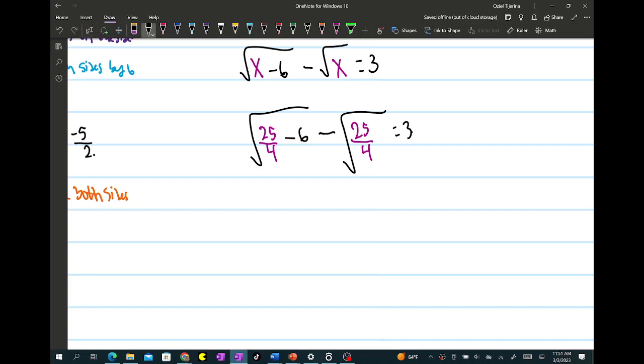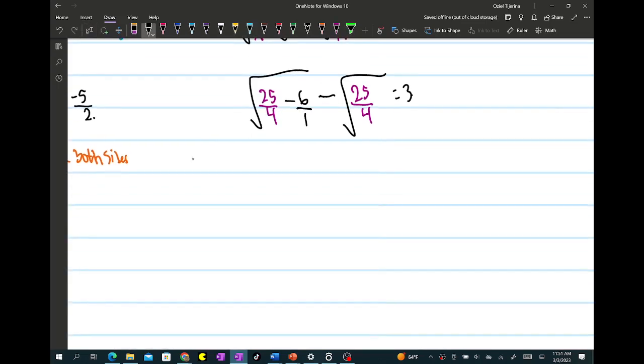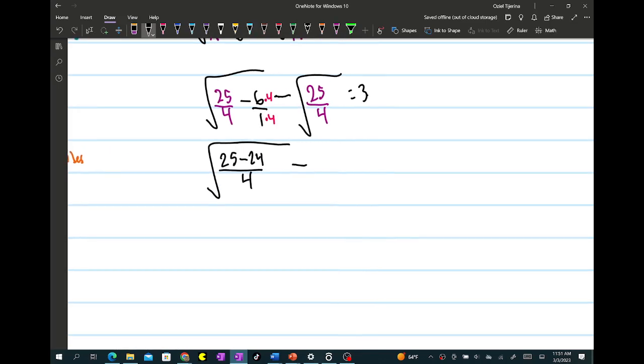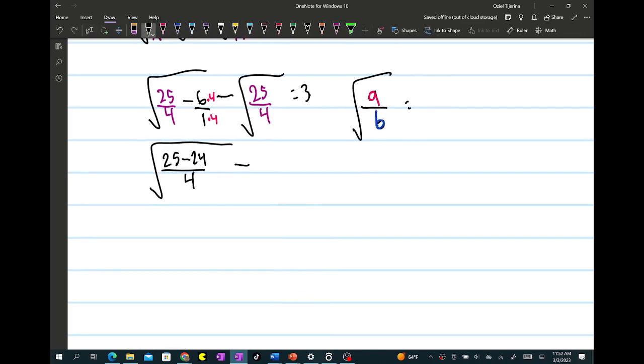So let's see here. We know that this is 25 over 4, and if we make the common denominator 4, we're going to get 20, so the square root of (25 minus 24) all over 4, and then minus, and we know that the square root of a over b is really the square root of a over the square root of b, just so you guys know that.